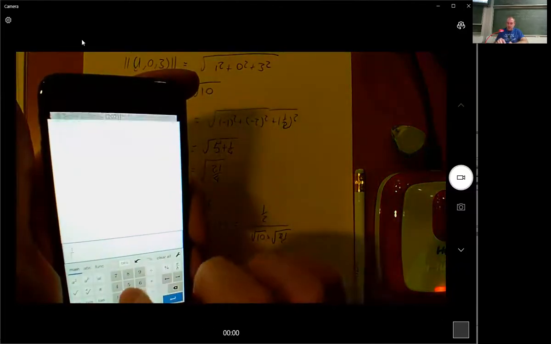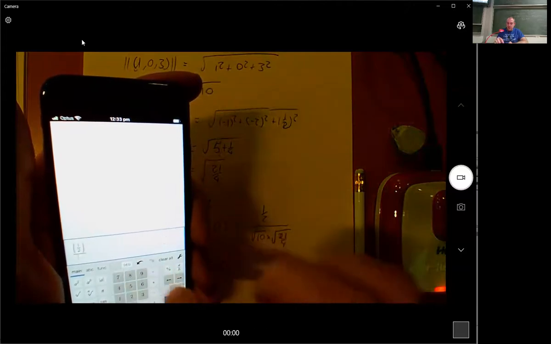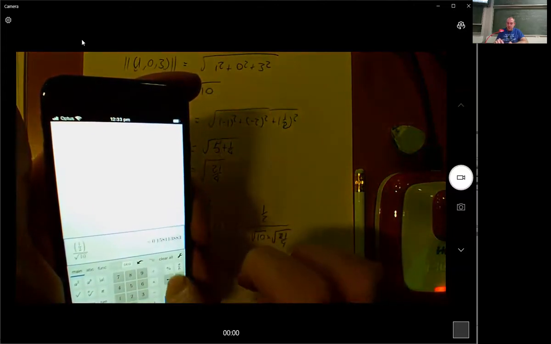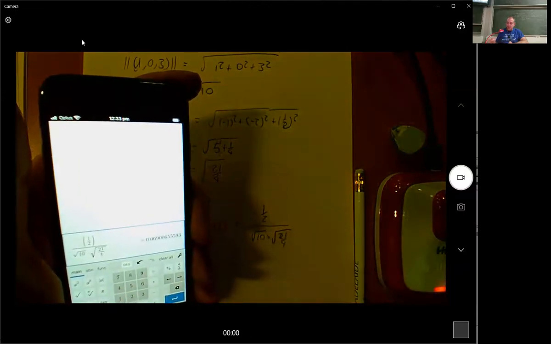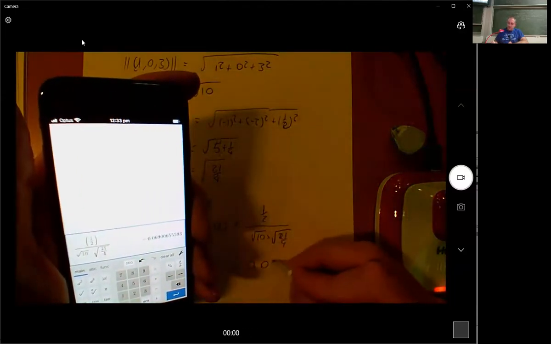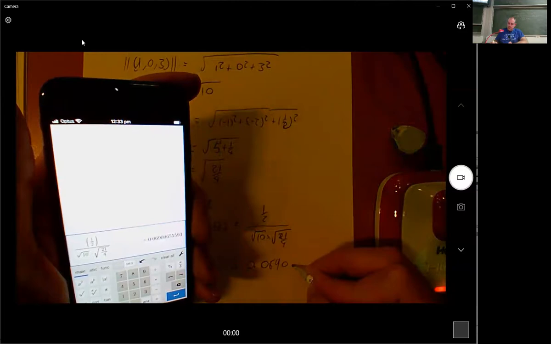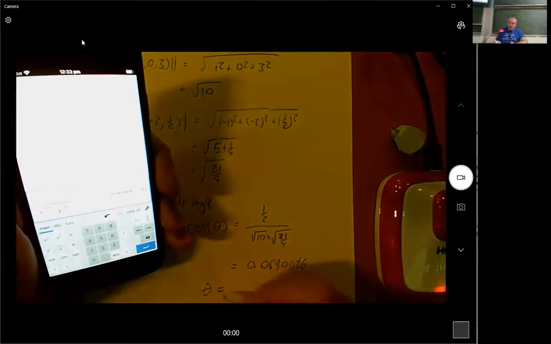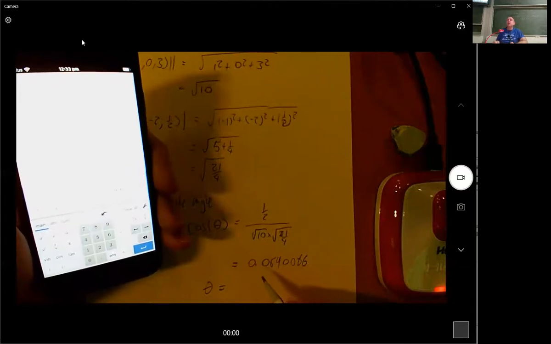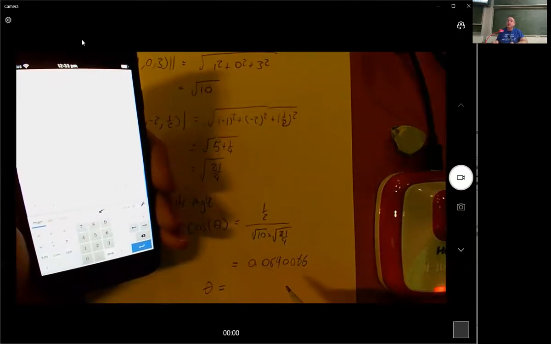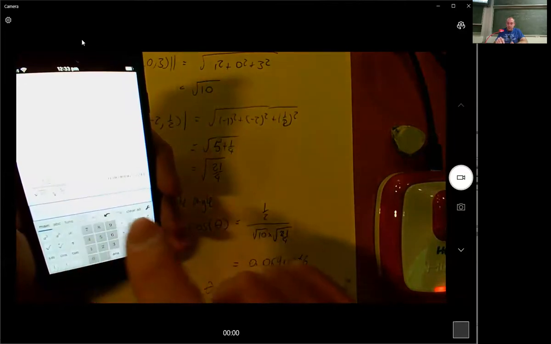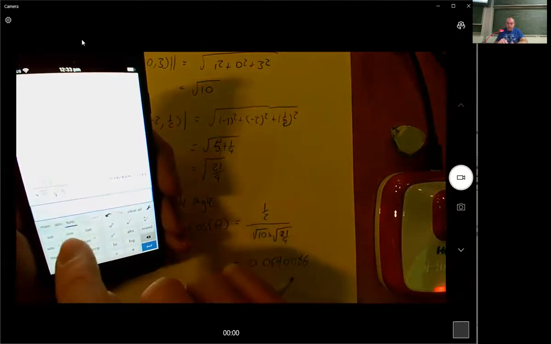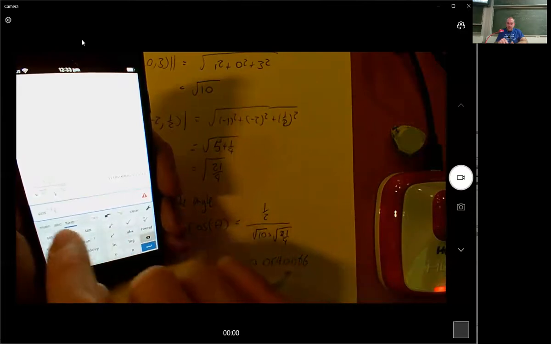So a half divided by the square root of 10 times the square root of 21 over 4. And then theta would be inverse cos of that. So arc cos is what they call it in Maths 1M, but I will do cos inverse of the answer.